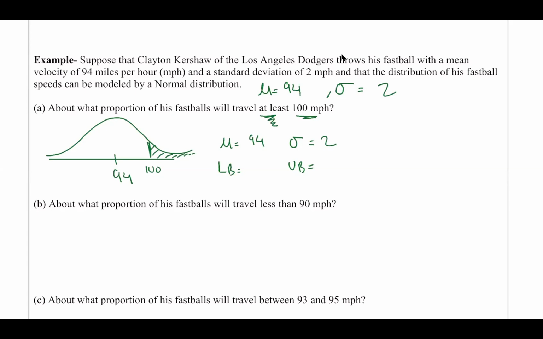For the lower bound, what's the lowest value that gets shaded? 100? There you go, 100. What's the highest value that gets shaded? Positive infinity? Perfect. All right, so let's go ahead and do this on ClassCalc, and we're done with part A.